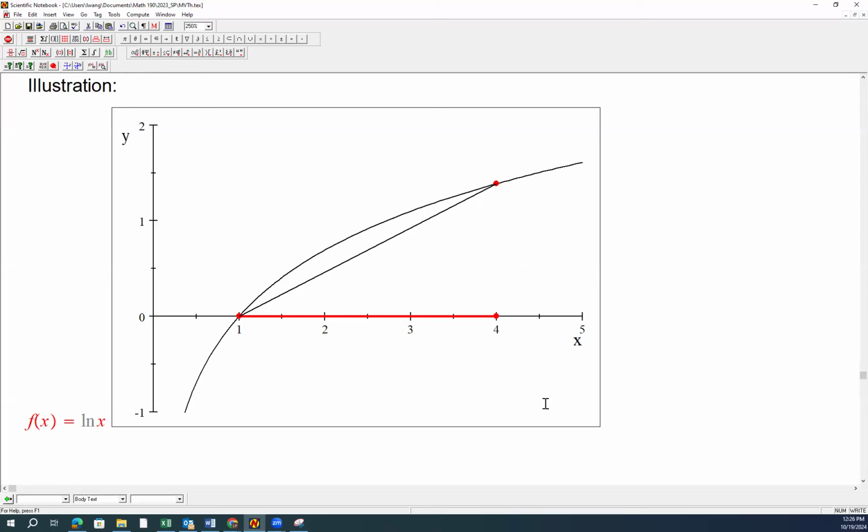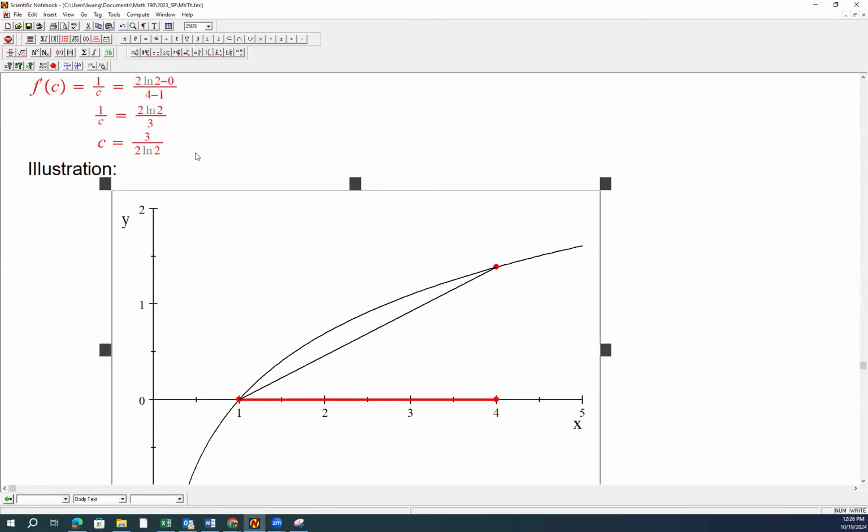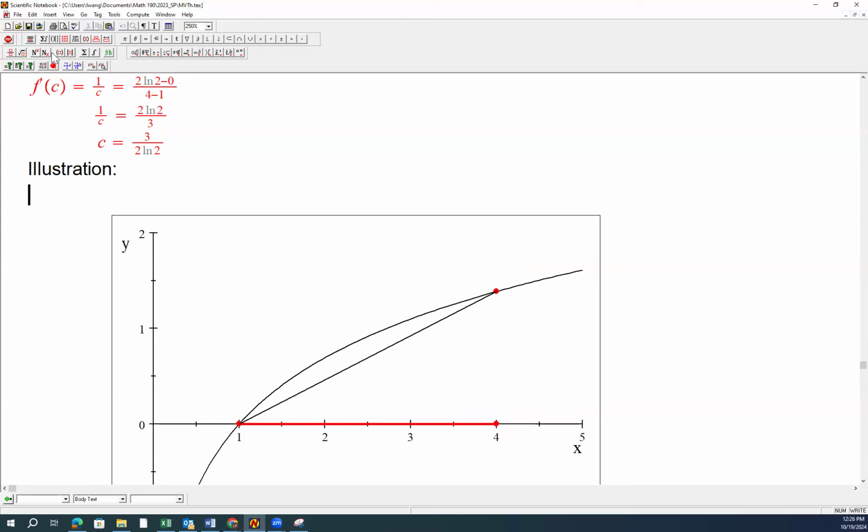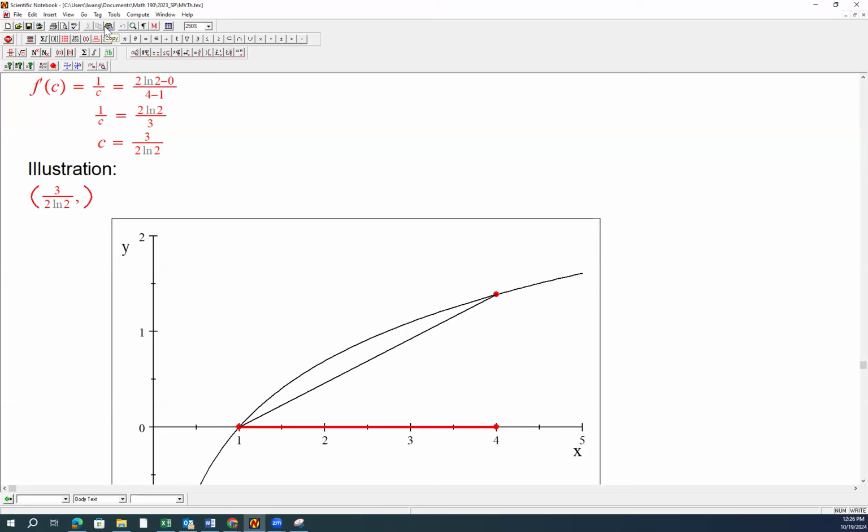On this point c, the function is ln of that number.